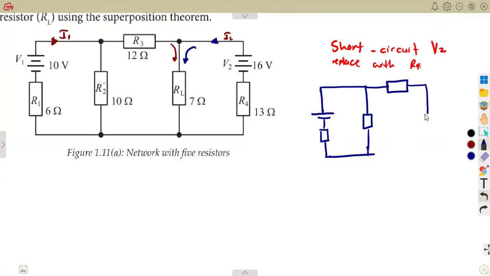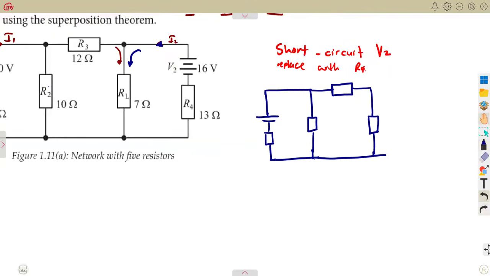The load resistor is going to be here. Then it is going to be a short circuit here. It's just going to be continuous, meaning to say we have R4 in that case without the voltage. So it's just going to be a straight line. That's a short circuit. And we have got our R4 in that case. So this is how our circuit is going to look.